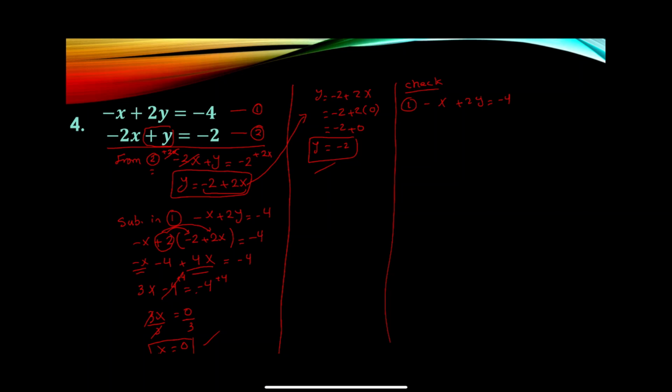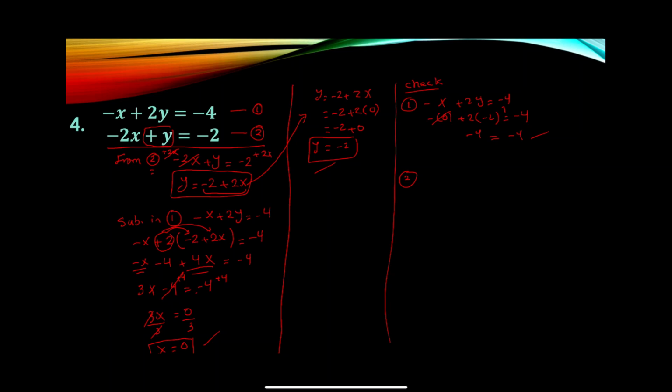Instead of x, I should substitute 0. So it's negative, and instead of x, 0, plus 2 instead of y, negative 2, equal negative 4. This will be cancelled because 0 or negative 0 doesn't matter. 2 times, is it equal? 2 times negative 2 is negative 4. Negative 4 is equal negative 4.